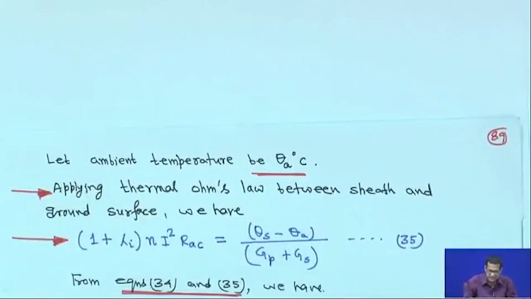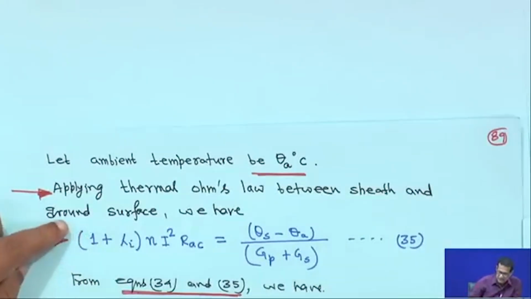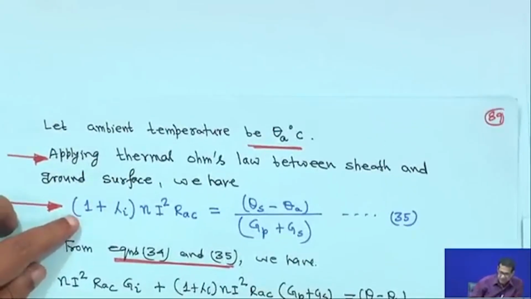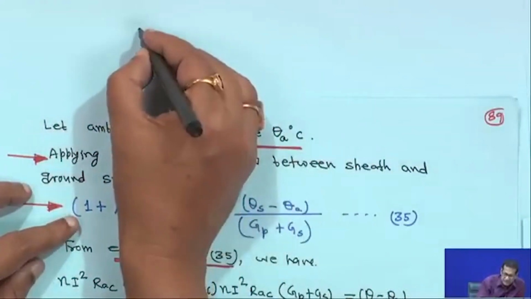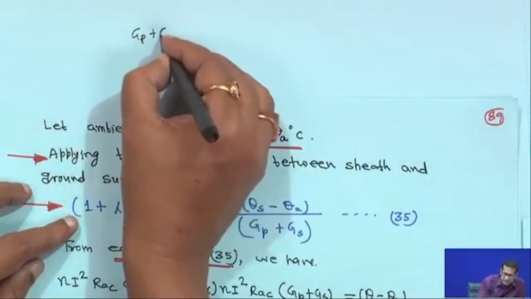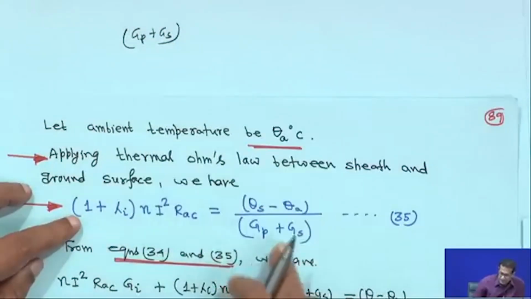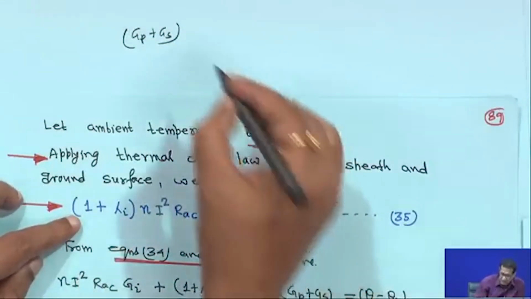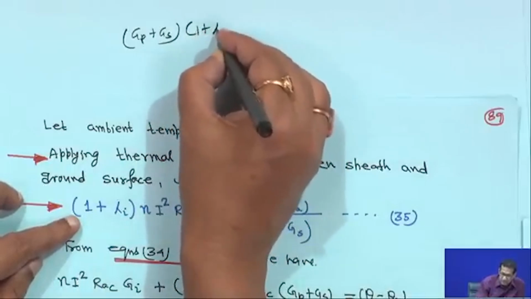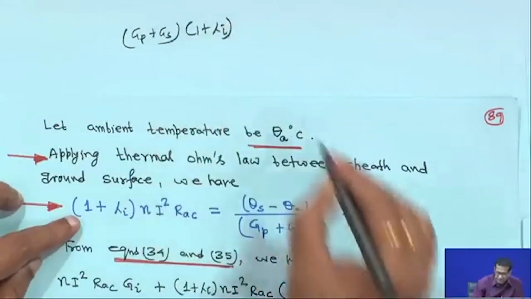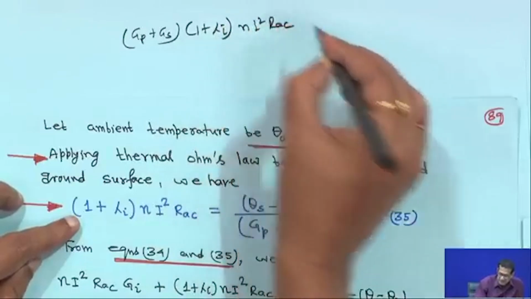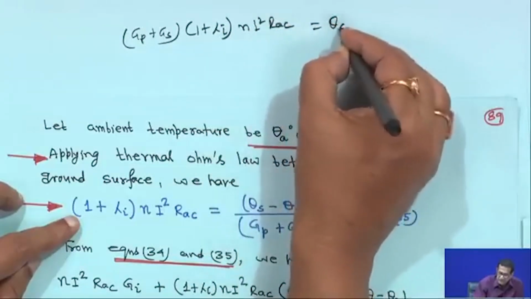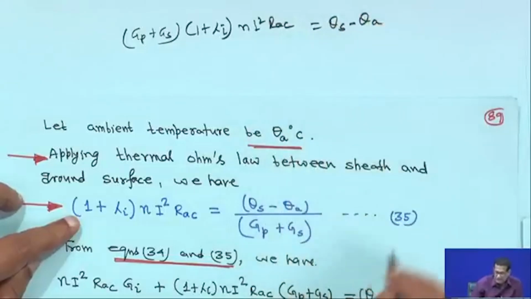Just for your clarification, equation 35 you can write like this: Gp plus Gs, cross multiply, then 1 plus lambda I, then n I square R A C is equal to theta s minus theta a, right.